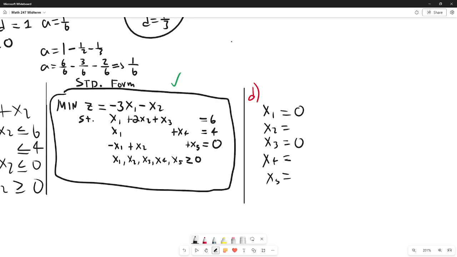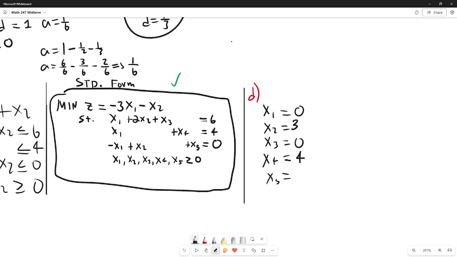If we plug x1 and x3 into the first equation, we get 0 plus 2x2 plus 0 is equal to 6, meaning that x2 is equal to 3. Similarly with x4, if we plug in x1, we get 0 plus x4 is equal to 4, so x4 is equal to 4.